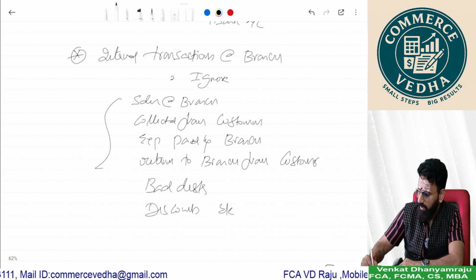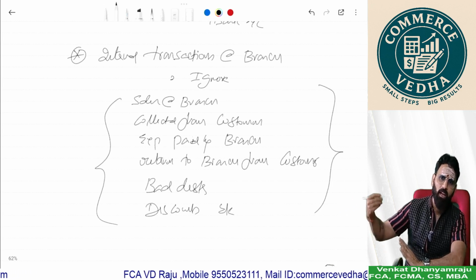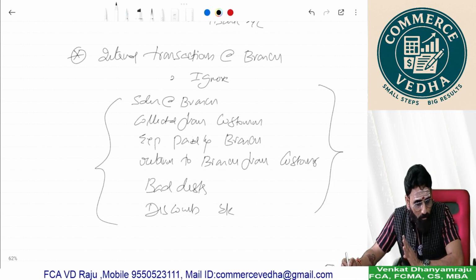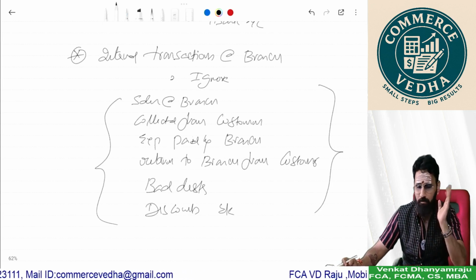These are the internal transactions between the branch and its customers, or the branch and its vendors, and will not be recorded in the branch account. It is as simple as your cost price method.